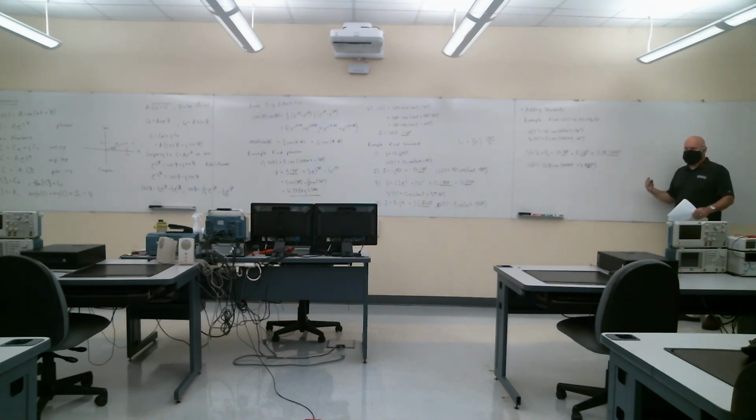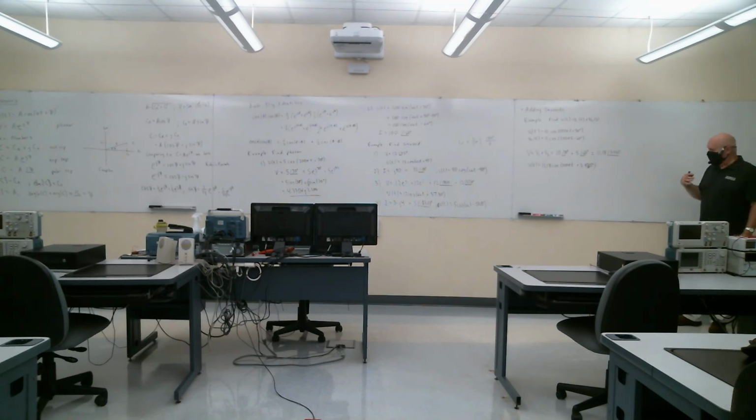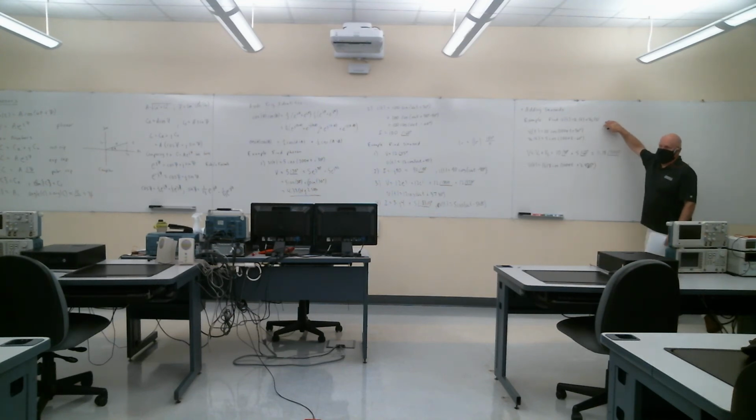Now I haven't proved that this is the right result, that by adding the phasors I get the same result as if I'd added the time domain expressions. I'm not going to go through that proof. It's a long proof, but just believe me when I say that you get the same result, and it's trivial here. Now why would we ever add voltages?